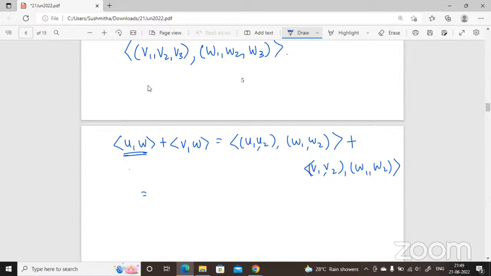What is this? The inner product is defined as the first element of the first vector times the first element of the second vector, plus 5 times the second element of the first vector times the second element of the second vector. In this way, if we expand, we can get the expression.